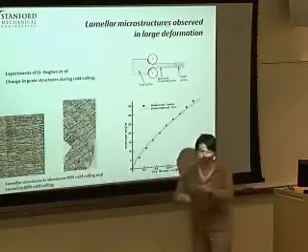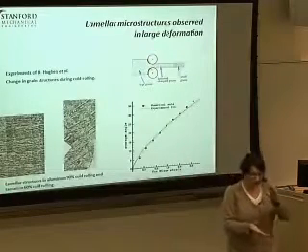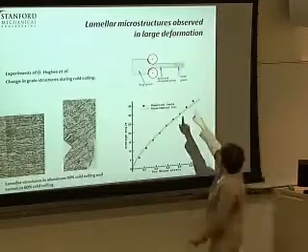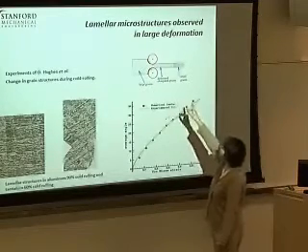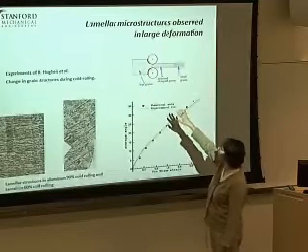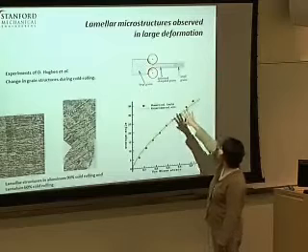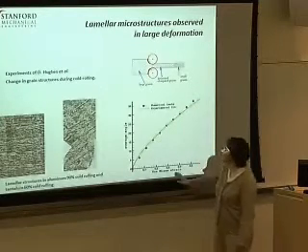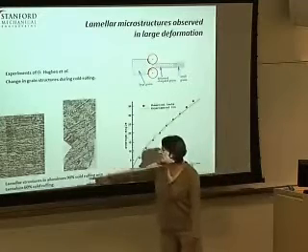So you roll the material to get these different structures. You start with a material that has large grains, then you get deformed, elongated grains, and then you get really small grains. And they are very, very highly deformed.